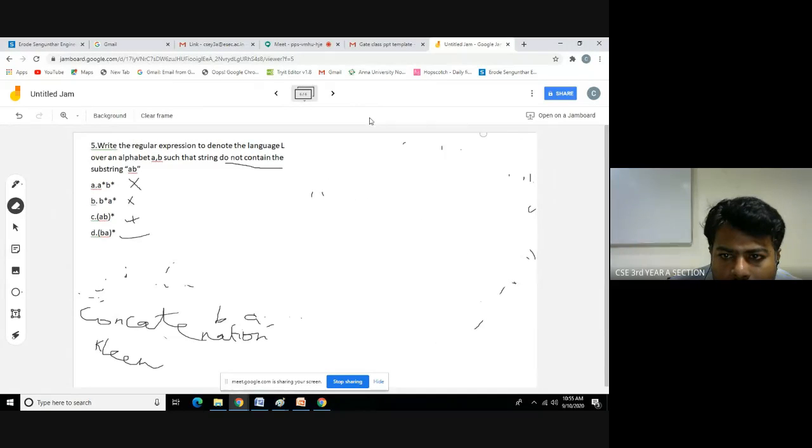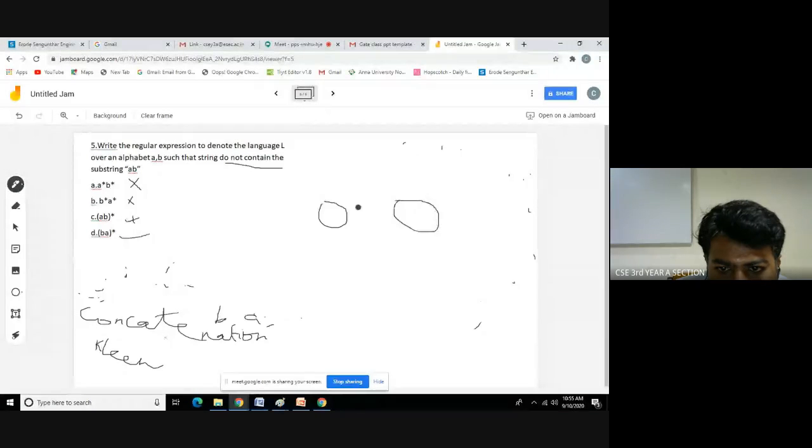B star A star, in the sense that the first string epsilon is accepted, right? Now I can construct. This is B star, followed by A star. This is also concatenation, not a union.